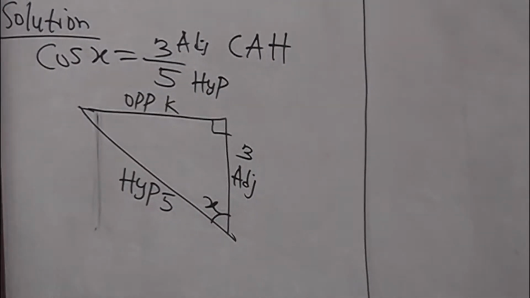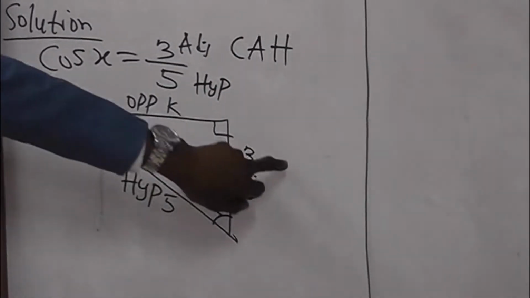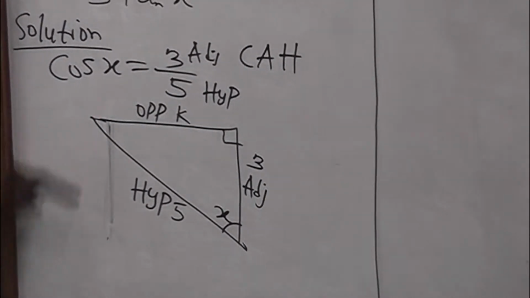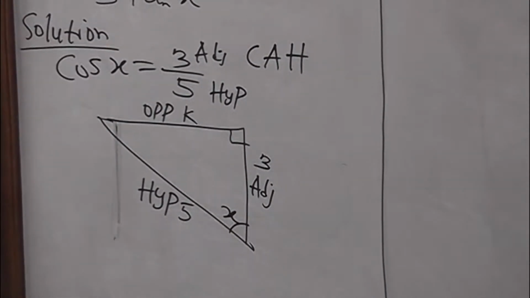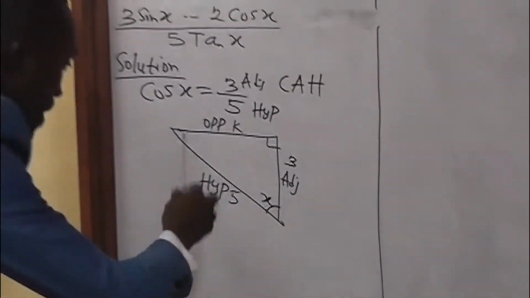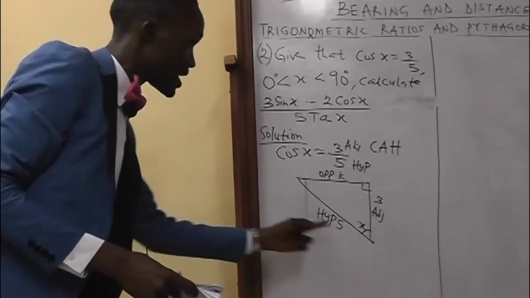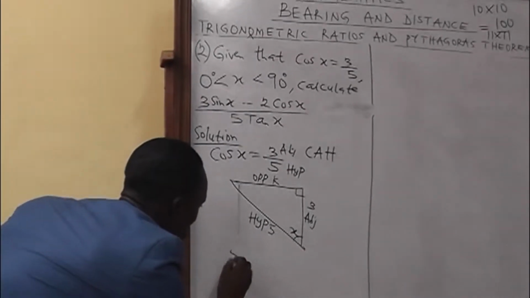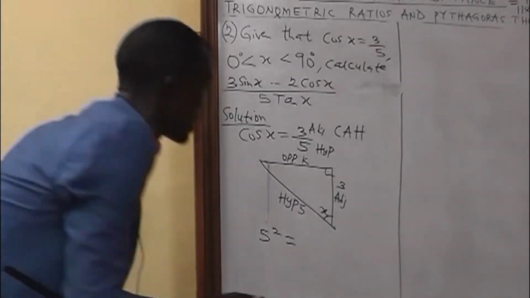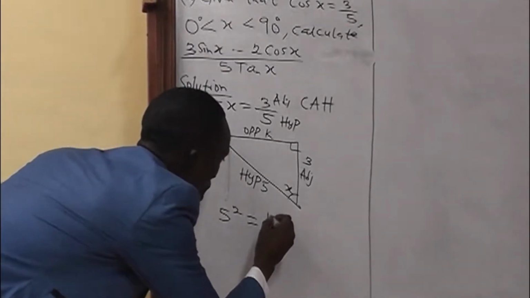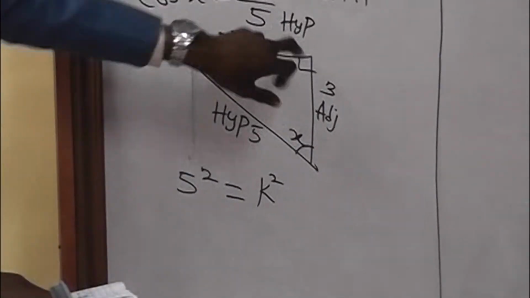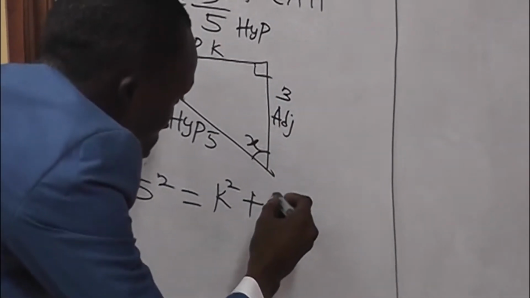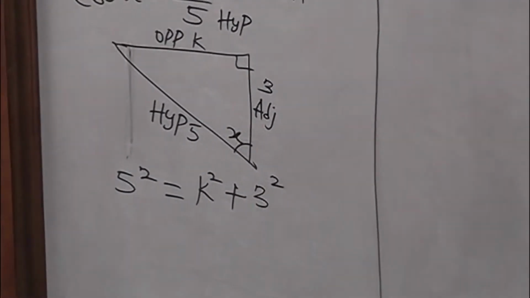So from here, since we have two sides and we don't know the third side, then we also go back to our Pythagoras theorem. It says the square of the hypotenuse. Our hypotenuse is 5. We have 5 square is equal to the square of this side, k, plus the square of this one, the last side, 3.